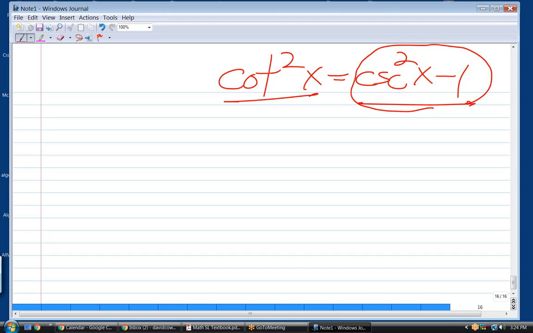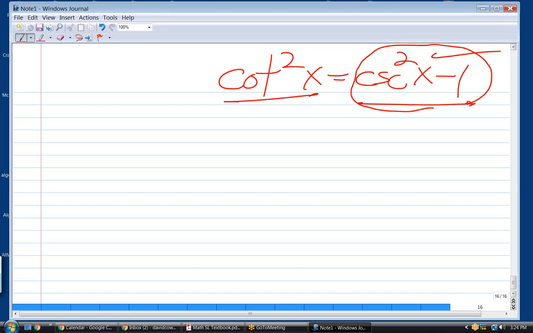In other words, this thing started out cotangent squared plus 1 equals cosecant squared, but after manipulating it, this is what you see when you run into an equation. So you have to remember the original identity and know its manipulations also. It's not just knowing left to right or right to left. It's knowing the manipulations.